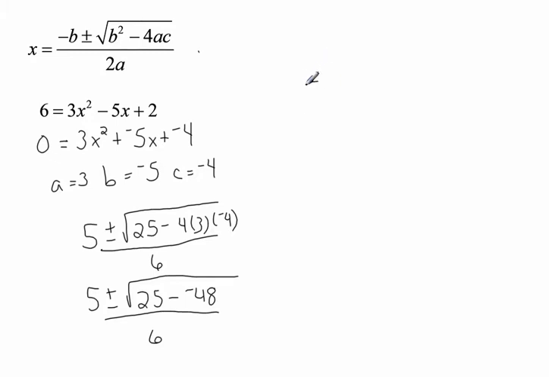Now I've got 5 plus or minus the square root. This is where I have trouble. I'm not a very good adder. And I think when you add those together, I think you get 73. And if it's not 73, then I've got some issues, and I'm done.